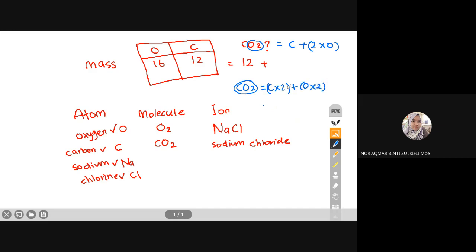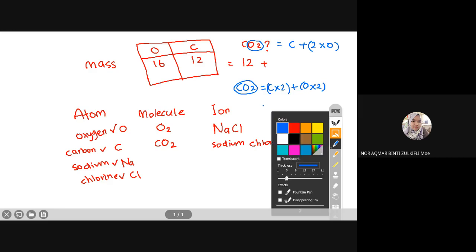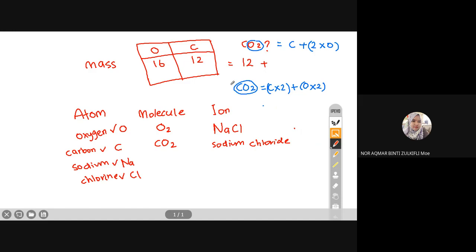This one is incorrect. So you need to understand the basic concept first before we go into examples, otherwise you will be confused. The small 2 here is only for oxygen. So 12 plus 16 times 2.